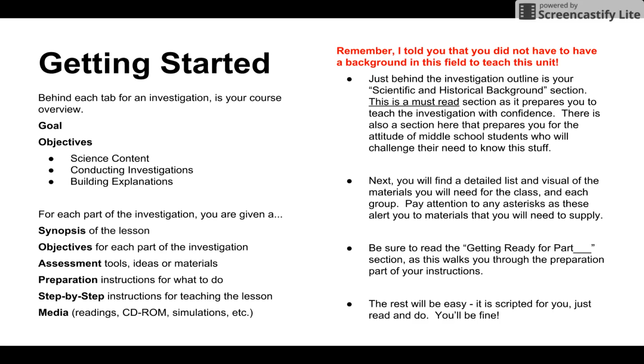For each part of the investigation, you're given a synopsis of the lesson, objectives for each part of the investigation, assessment tools, ideas, or materials, preparation instructions for what to do, step-by-step instructions for teaching the lesson, any media, which are readings, CD-ROMs, or simulations.